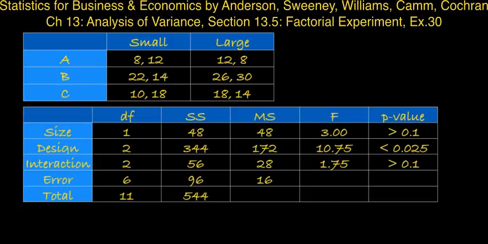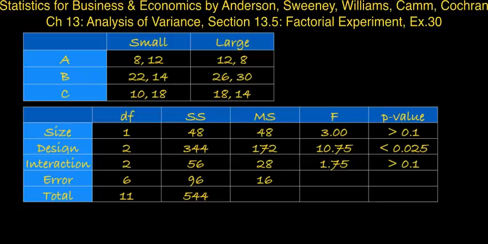Starting with the degrees of freedom, the total degrees of freedom is equal to the total sample size of 12 minus 1, which comes to 11. The degrees of freedom for size, there are 2 different sizes, and 2 minus 1 comes to 1, so 1 degree of freedom for size. Degrees of freedom for design, there's 3 different designs, so 3 minus 1 comes to 2, so 2 design degrees of freedom.